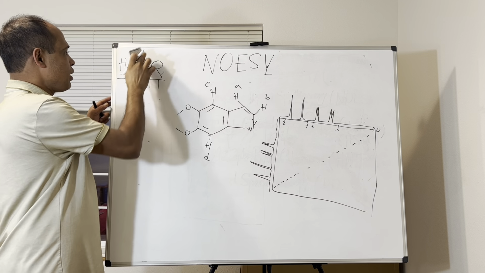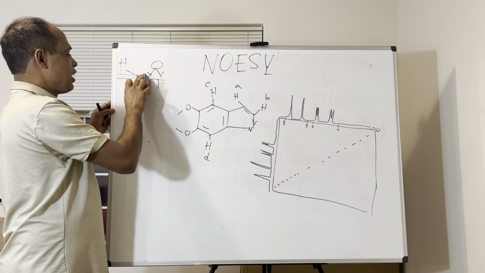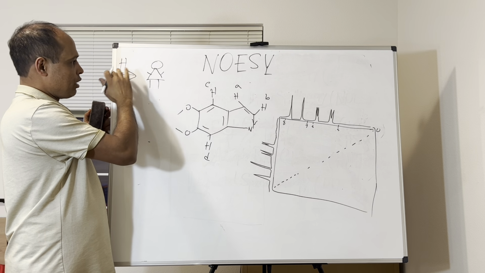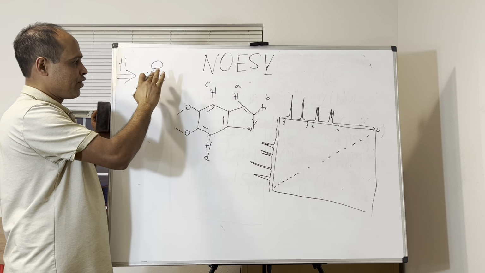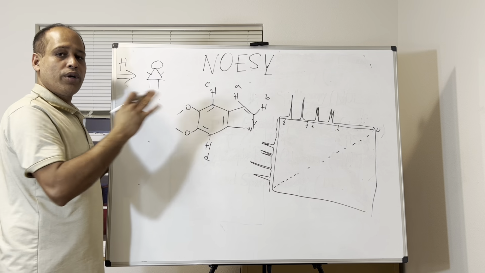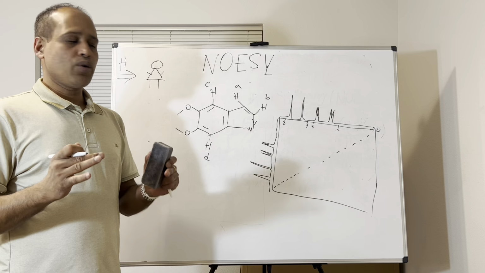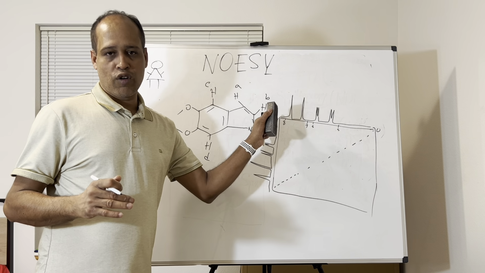But if you decrease some of the shielding or screening effect, and if you apply the high speed magnetic field to the proton, that proton will dance more frequently, and with more dancing, it will show up more downfield.